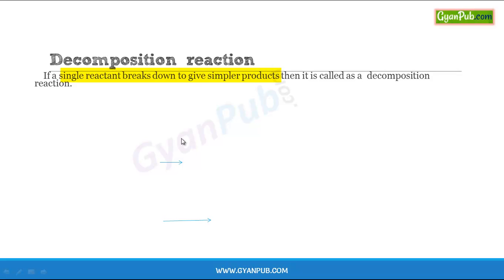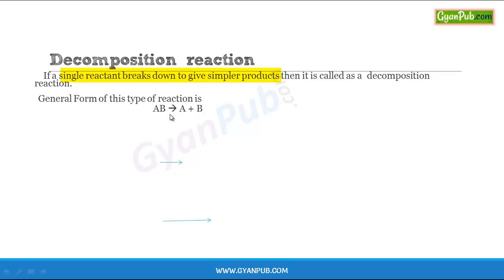Here, a single complex substance breaks down to form simple products, and the general form of this type of reaction is AB gives rise to A plus B. So here AB is a single reactant and it is separated into A and B in the products.